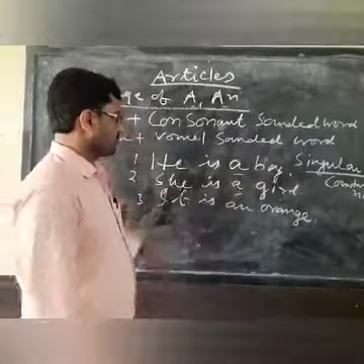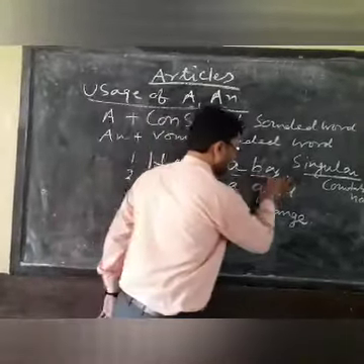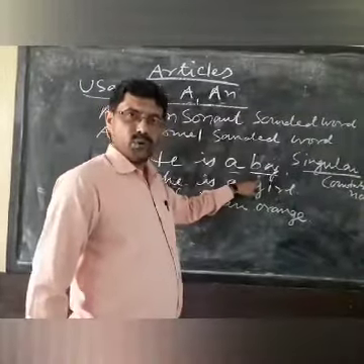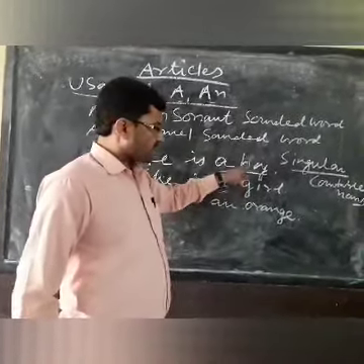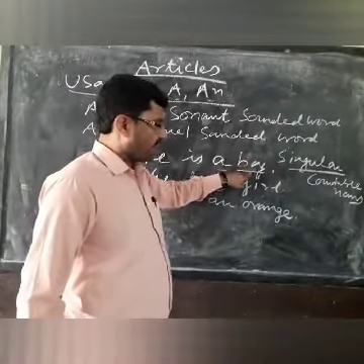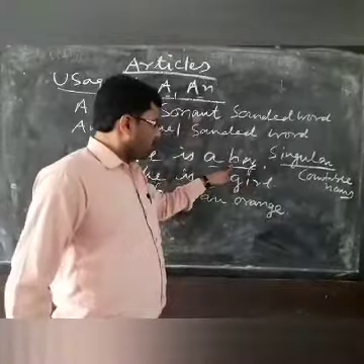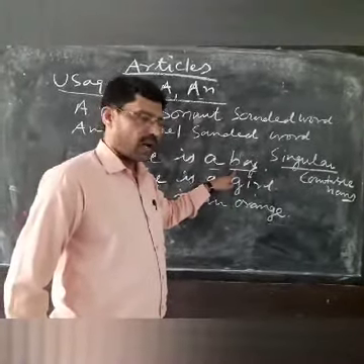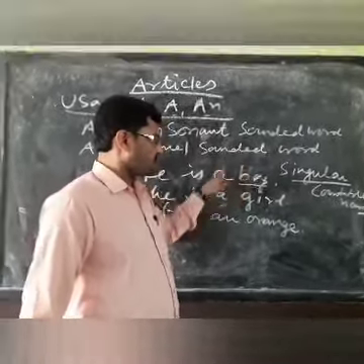Have a look. He is a boy. The first example. Boy is a noun, you know. But boy is singular, you know. At the same time, it is a countable noun. You can count it. So, boy is a singular countable noun where you can use a.